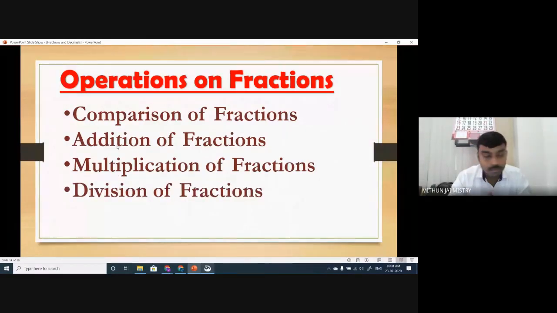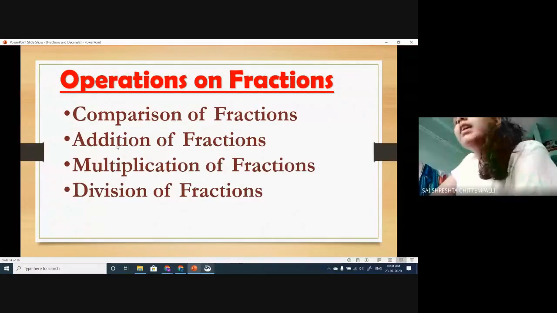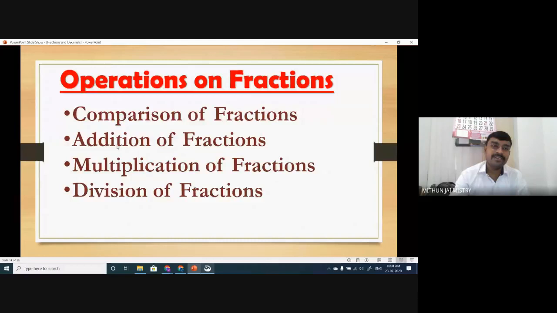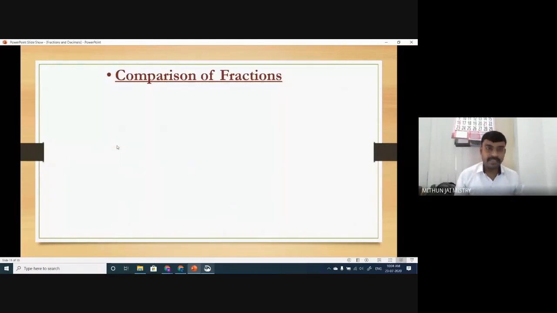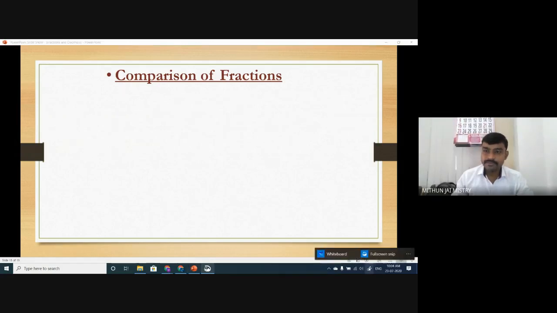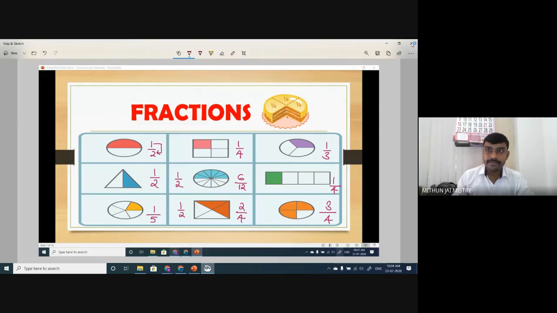So shall I start the operations? Ready? Yes, sir. So first, let me do comparison of fractions. For that, I need to take a screenshot of this. First, we are going to learn comparison of fractions.